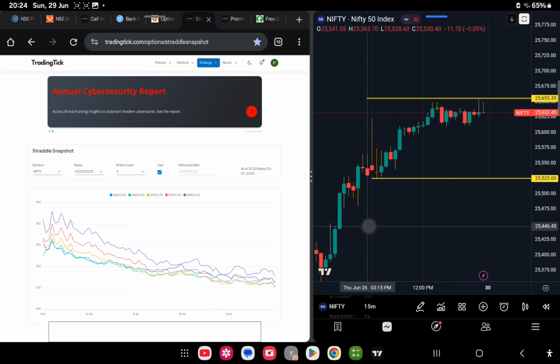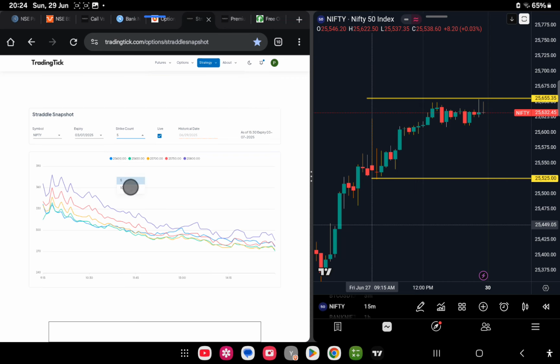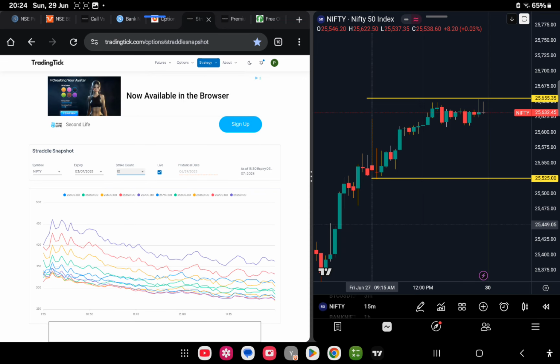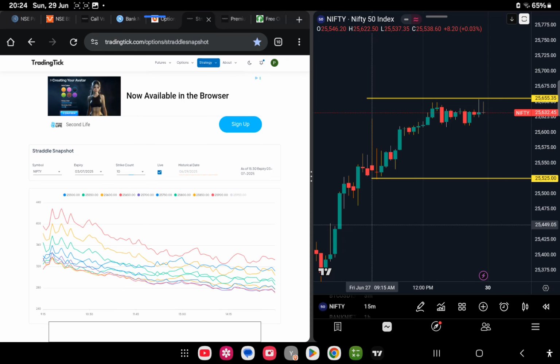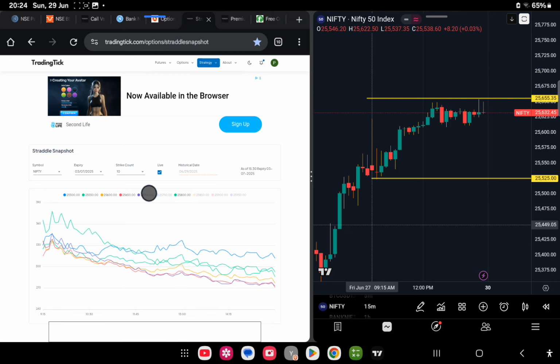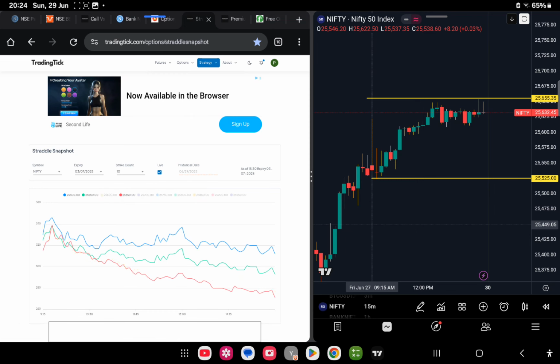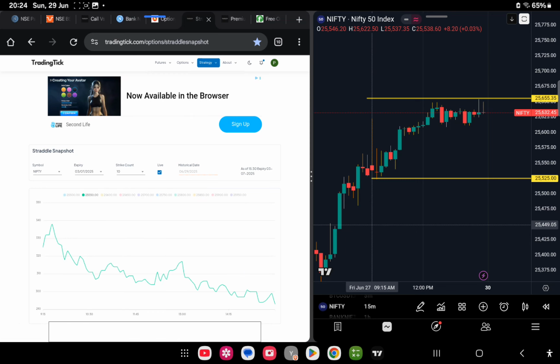Today the open you can see here is 550. When you increase the count, you just include 10 strikes, so 550 is here, the green line. You can unselect everything and come to 550. You can check whichever strike you like.